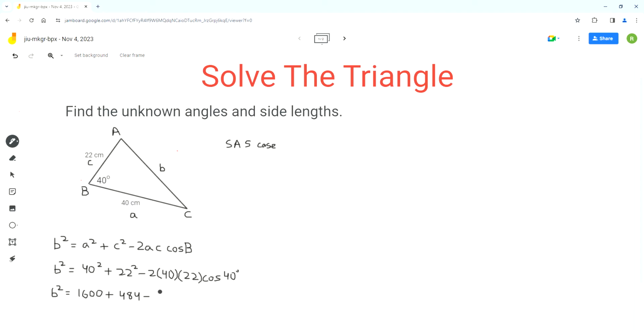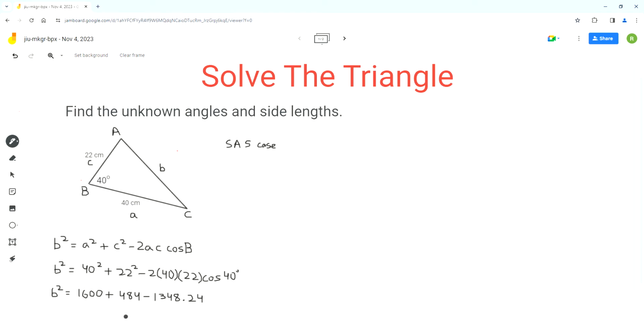Now we can multiply all of these terms in one step. So 2 times 40 times 22 times cos of 40. So that will make it easy for you to do this calculation. So I got 1348.24. So I rounded the answer to 2 decimal places.